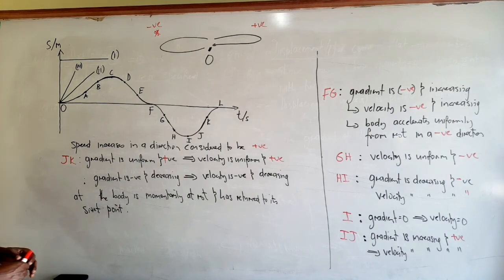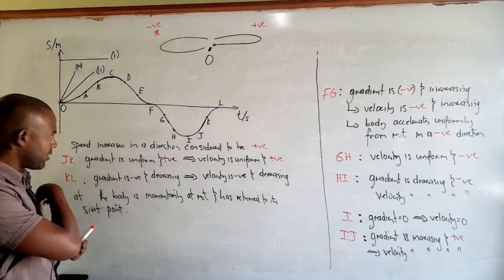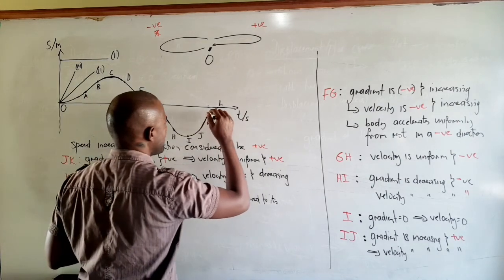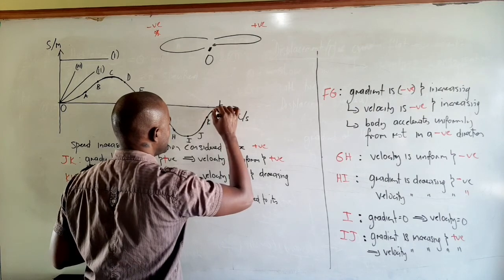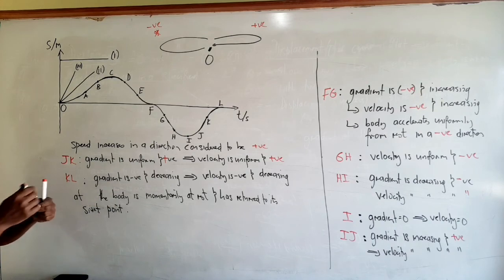Now with that is JK, KL, the graph starts to curve once more, right? So it goes from being a straight line to a curve, whose slope is decreasing, and so that the gradient is positive.